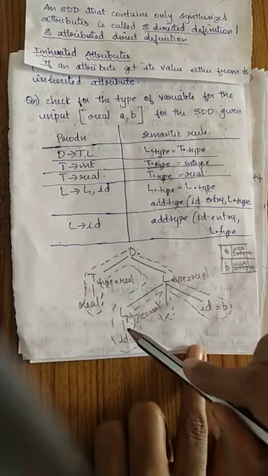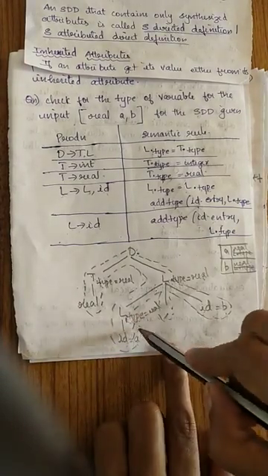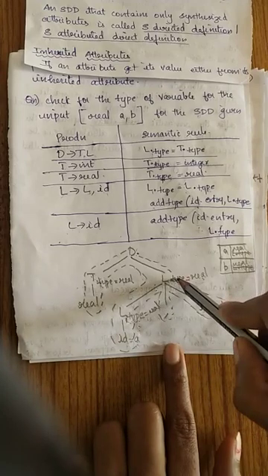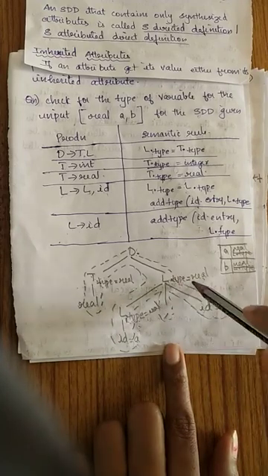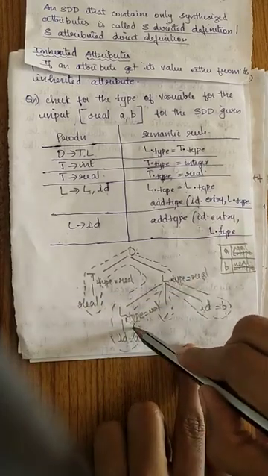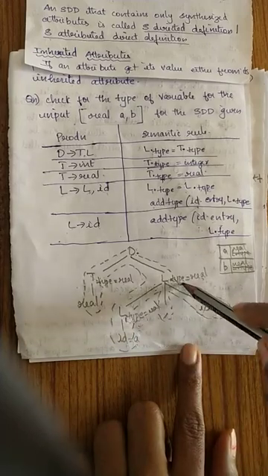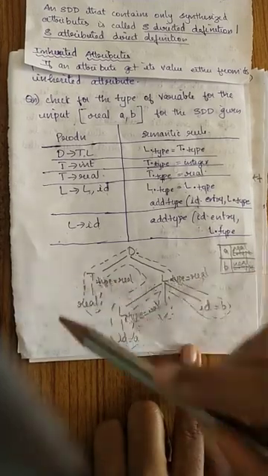And similarly, this L gets its attribute type from its parent. So once this L dot type gets a value real, that will be given to this L. So here the attribute gets its value from its parent. Here the attribute gets its value from the siblings.